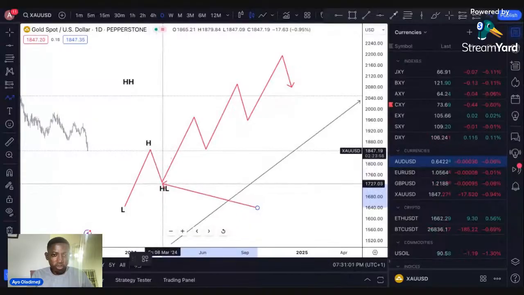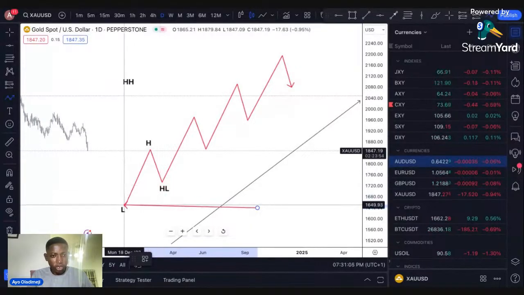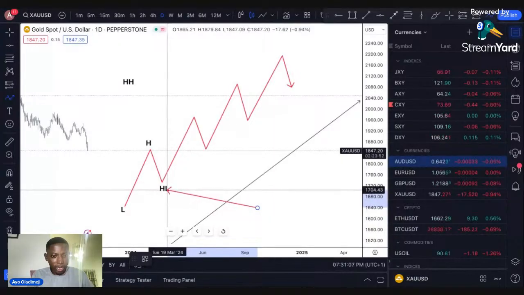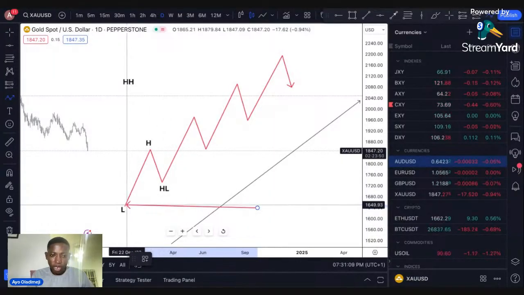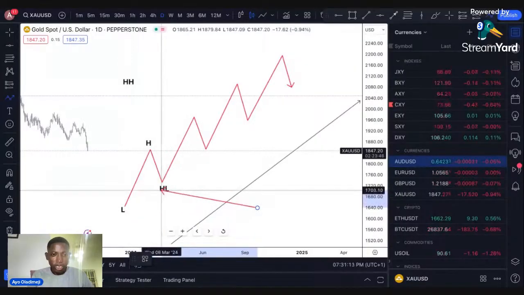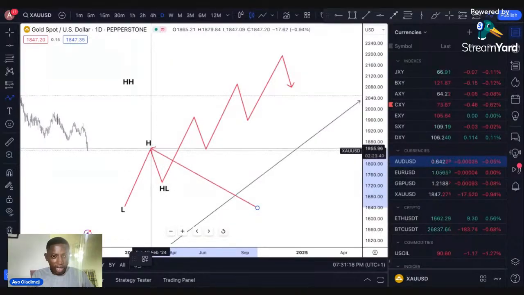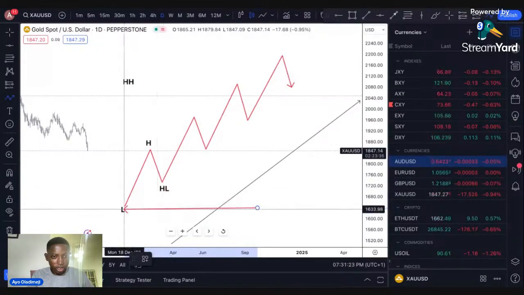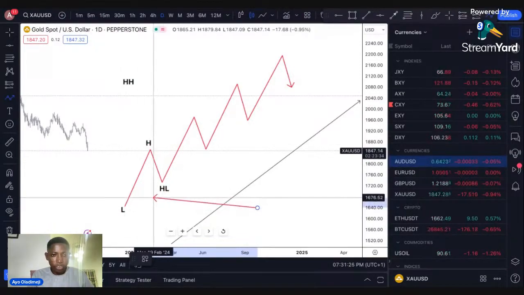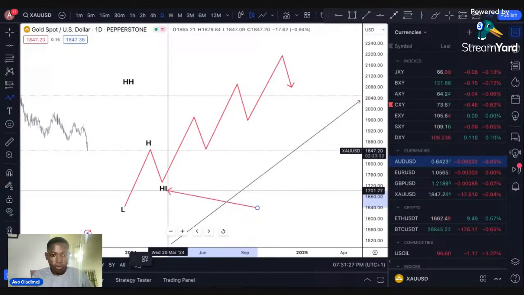Then the relationship between this low and this earlier low is that this low is higher than the low downward. So it is a low in relation to this high, but a higher low in relation to this low.